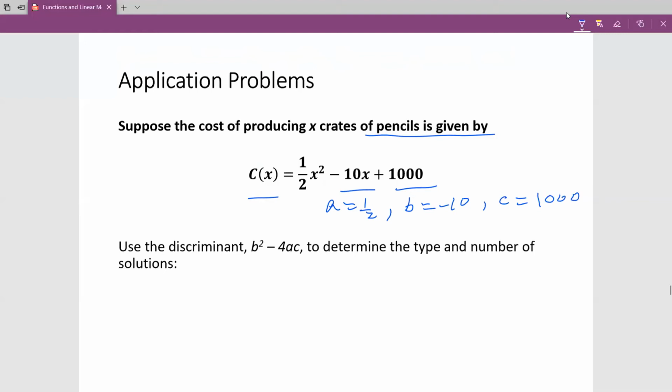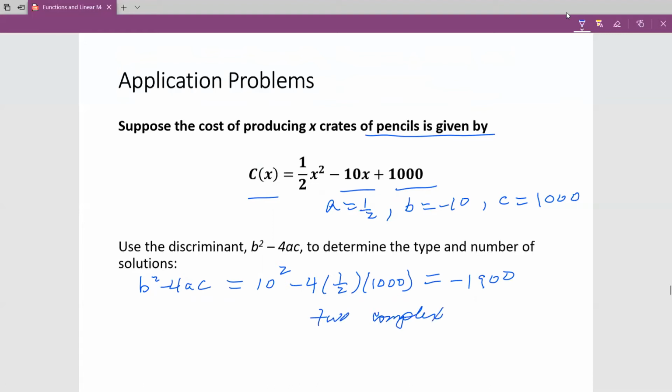The discriminant, b squared minus 4ac, equals 10 squared minus 4 times 1/2 times 1,000, which equals -1,900. So there are two complex roots, and it will not have any real zeros.